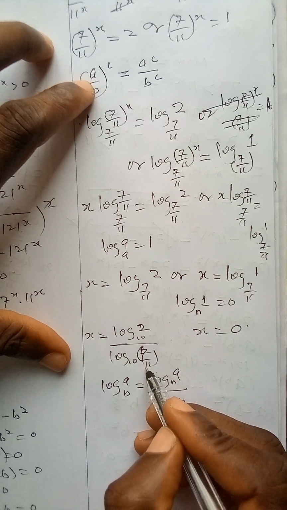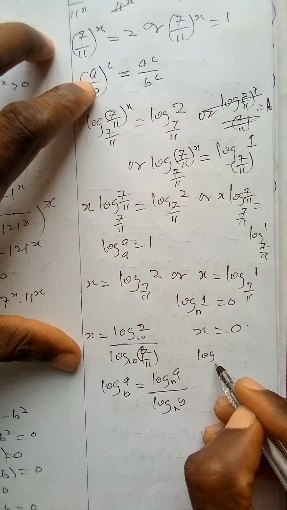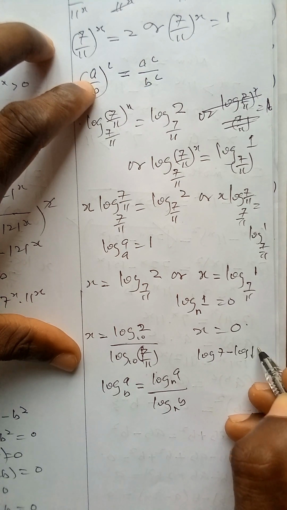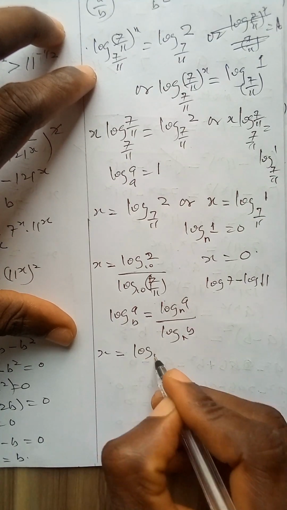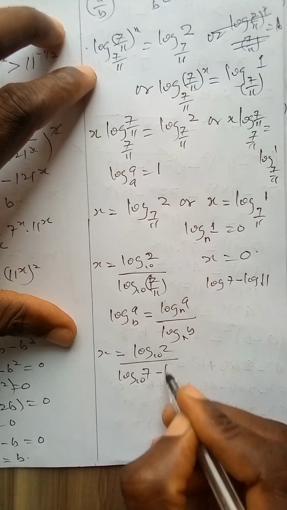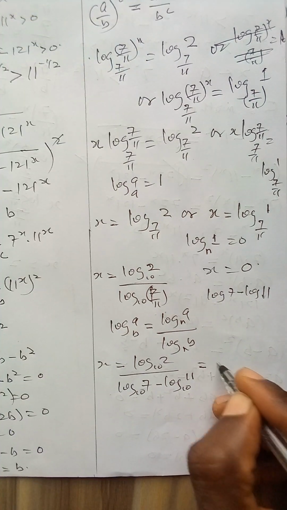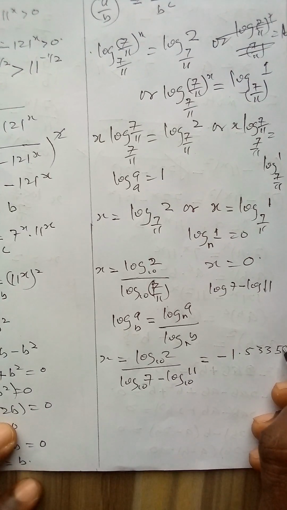So this 7 over 11 can then be written as log to base 10 of 7 minus log to base 10 of 11. So I have x is equal to log to base 10 of 2 over log to base 10 of 7 minus log to base 10 of 11, which is equal to minus 1.53359.